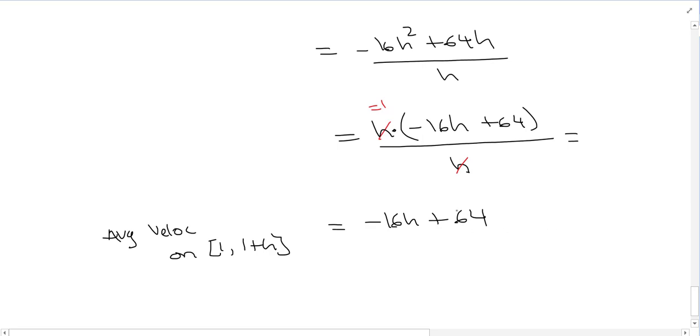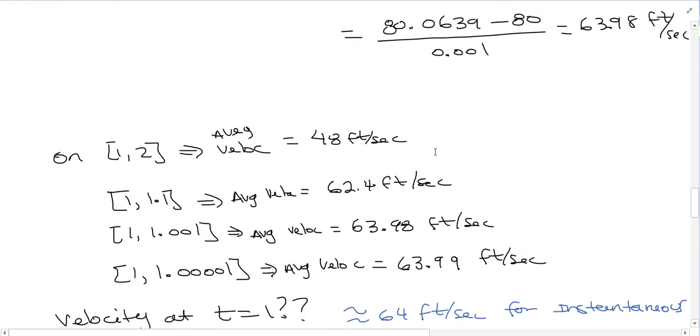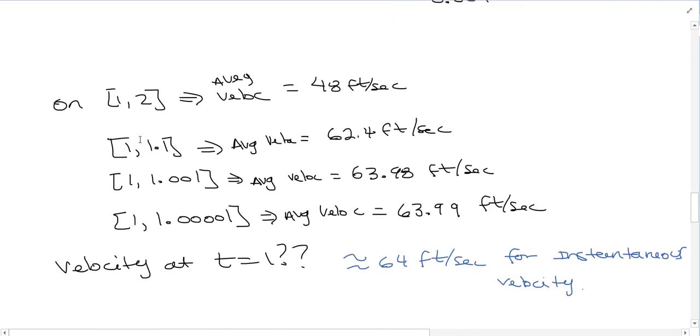And that's it. So notice that if you ignore the h part, the 64 is what our guess was for the instantaneous velocity. And that is because, when we look at the intervals, we were going from 1 to 2, 1 to 1.1, 1 to 1.001, 1 to 1.000001.